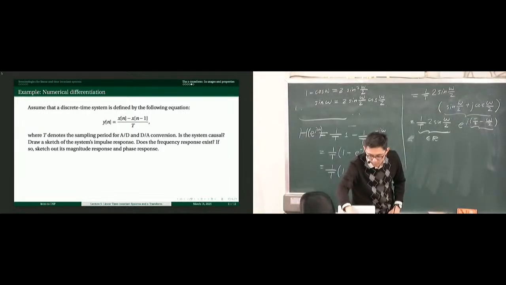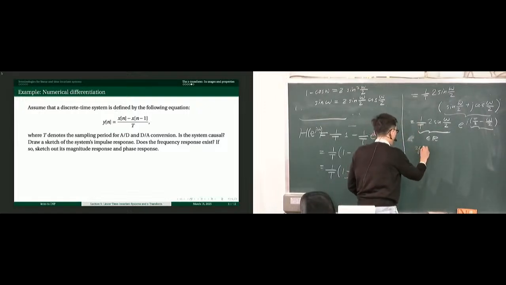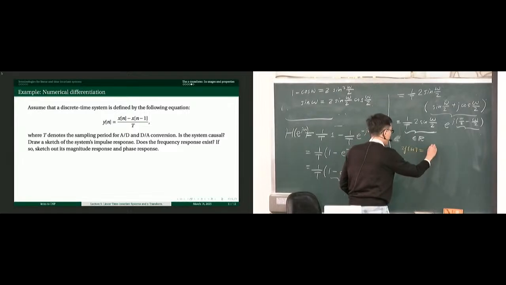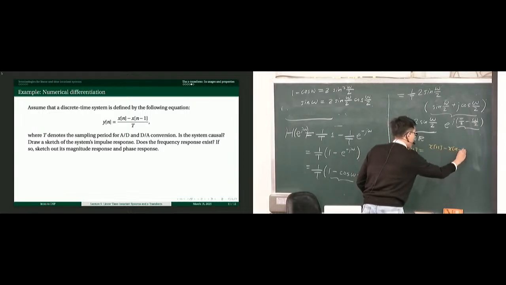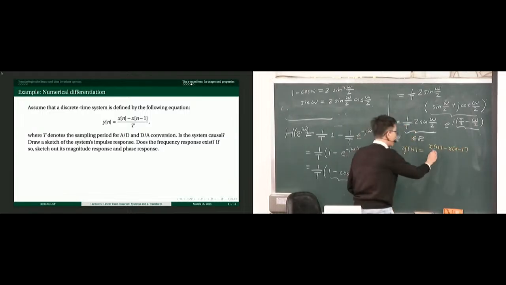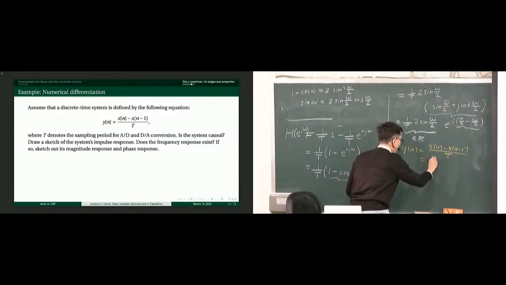So again, to contemplate our result, what this system does, y of n equals x of n minus the previous sample, that's a change, right? And t is the amount of change in time. So this is like delta x divided by delta t.